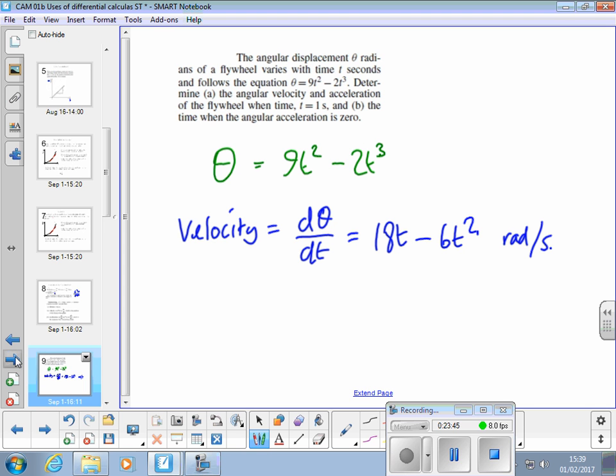So at t equal to 1 second, velocity is equal to 18 minus 6, which is 12 radians per second.